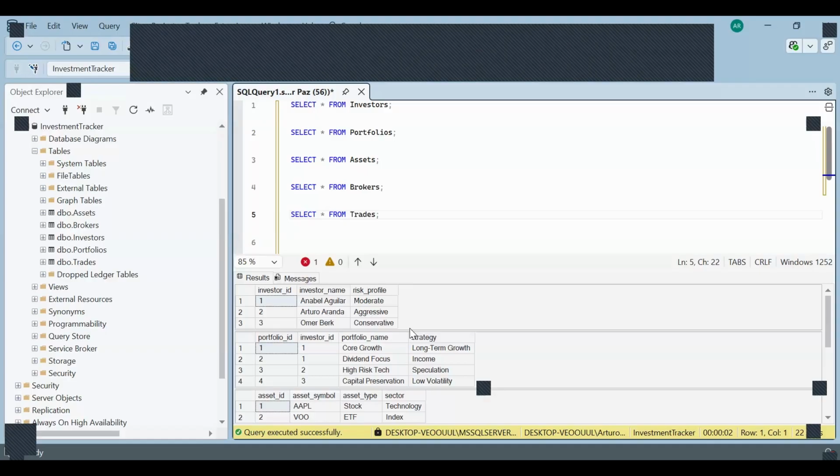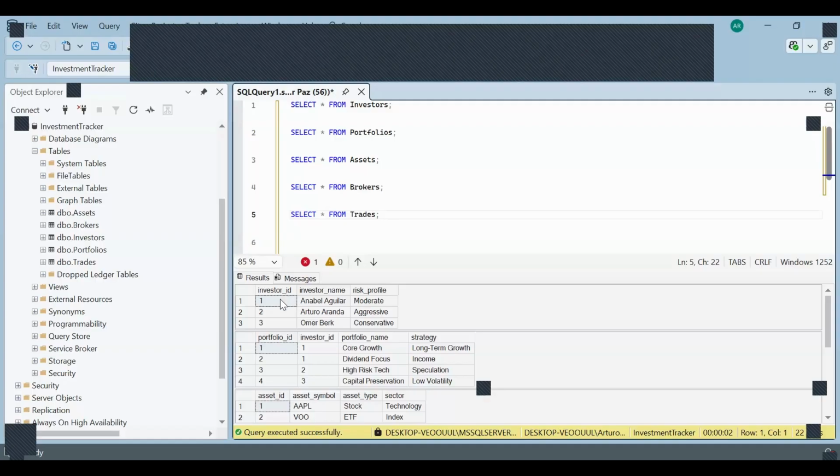For example, we can see the investors and their portfolios, and then the trades that have been executed.